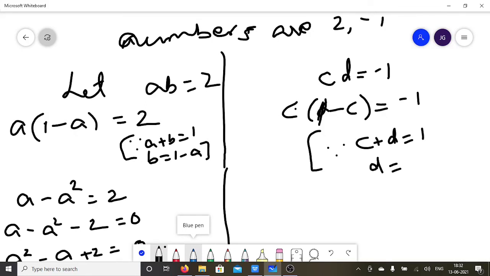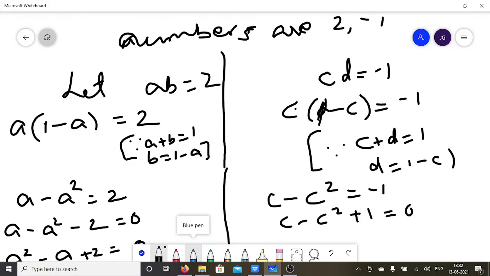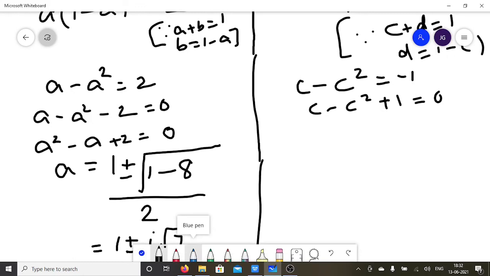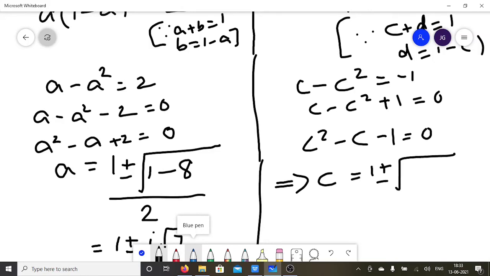So we could write C minus C square is equal to minus 1, or C minus C square plus 1 equal to 0, which implies C square minus C minus 1 is equal to 0. Implies C is equal to 1 plus or minus root of 1 plus 4 by 2. This means 1 plus or minus root 5 by 2.